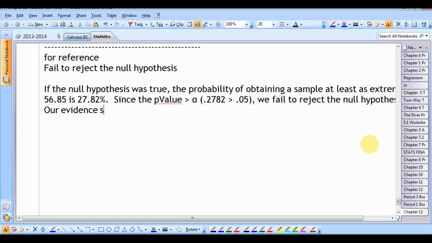Our evidence supports or does not support the mean is greater or not equal to 58.2.